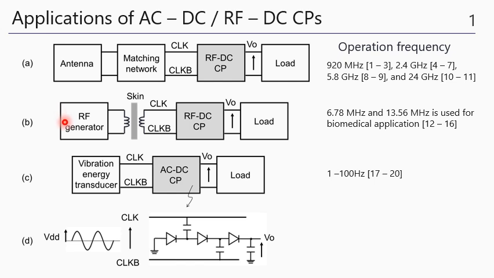So the RF generator provides power through the skin, and this transformer converts the input ultrasonic energy into alternating current to the RF-DC charge pump to provide the load. In this example, the device is for biomedical use.